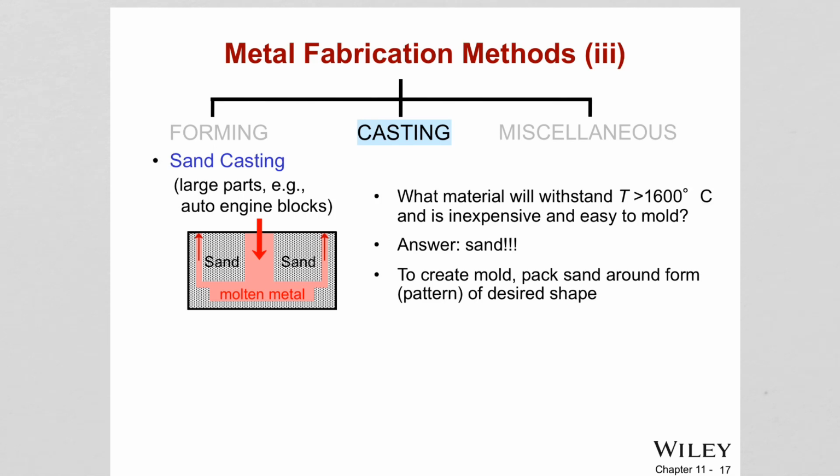First, you need to create the mold from sand. Therefore, you need a pattern, which has your part's desired shape. You pack the sand around the pattern, and that generates the mold. Then you use that mold to do the casting.